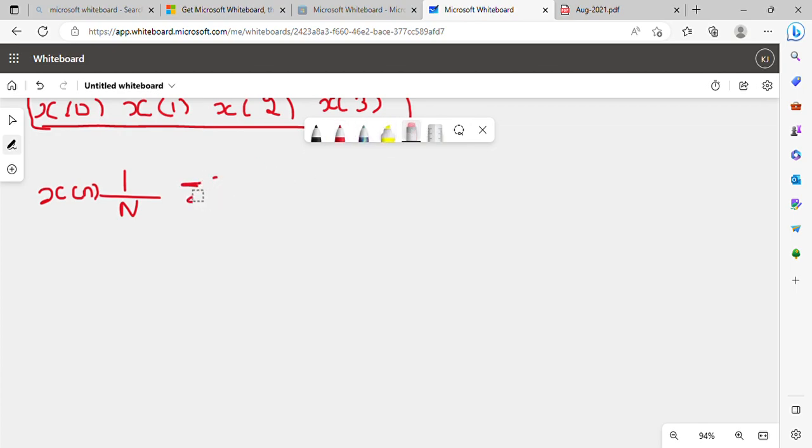So this is the formula, which is summation of k equal to 0 to n minus 1. I'm so sorry for the distraction that's happening over here.